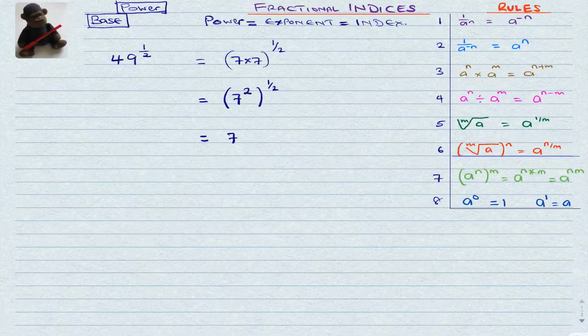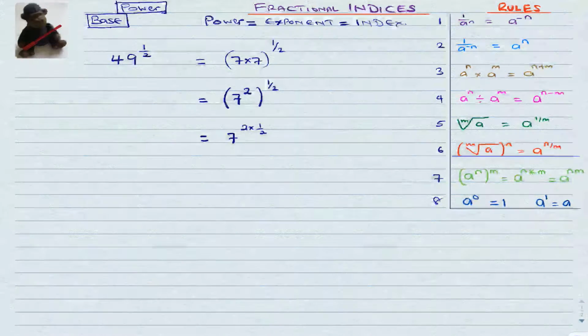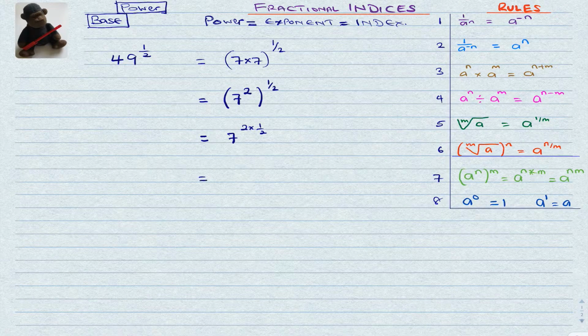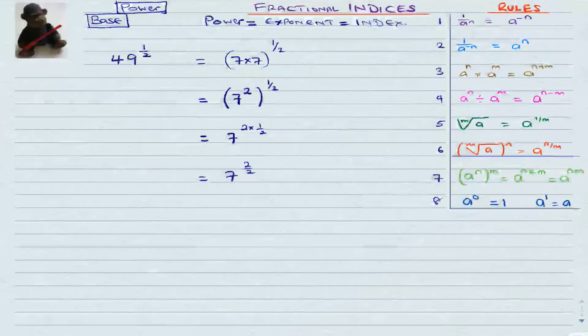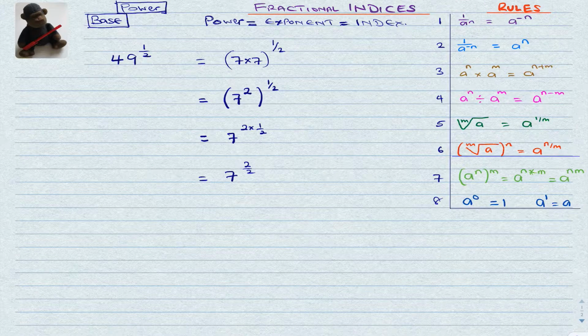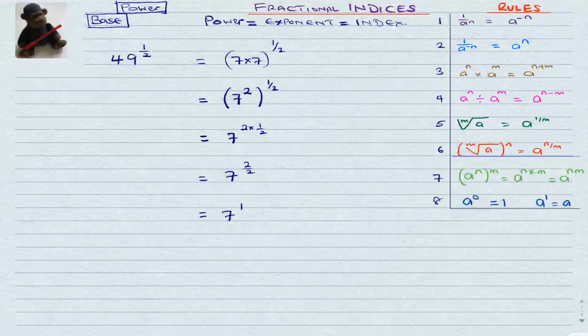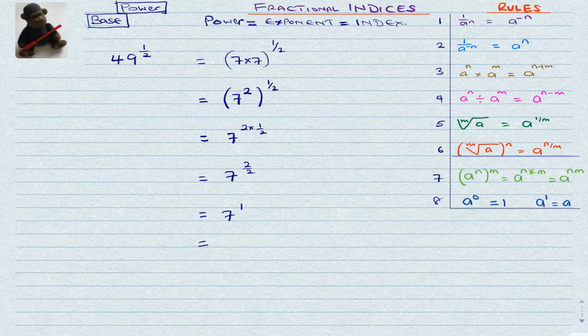So that will be 7 to the 2 times a half, which will become 7 to the 2 over 2, which is 2 times 1 divided by 2. And that will become 7 to power of 1, which is 7.